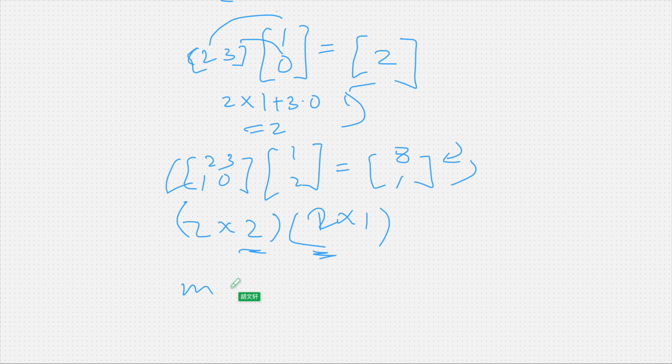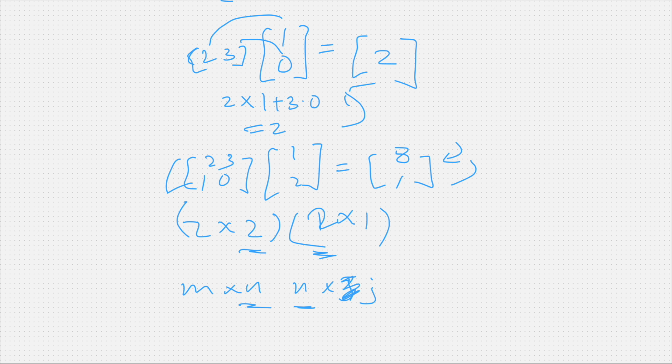When we have m by n, that's the size of the first matrix, and n by j, I'll keep it lowercase so it doesn't confuse, as we can see, the columns of the first matrix and the rows of the second matrix have to be the same number in order for them to be conformable to multiply each other.